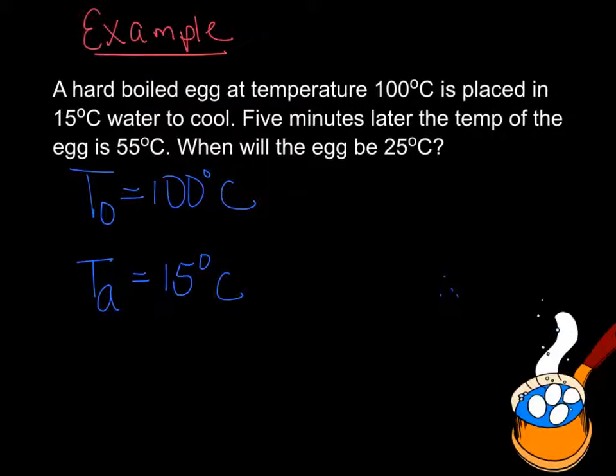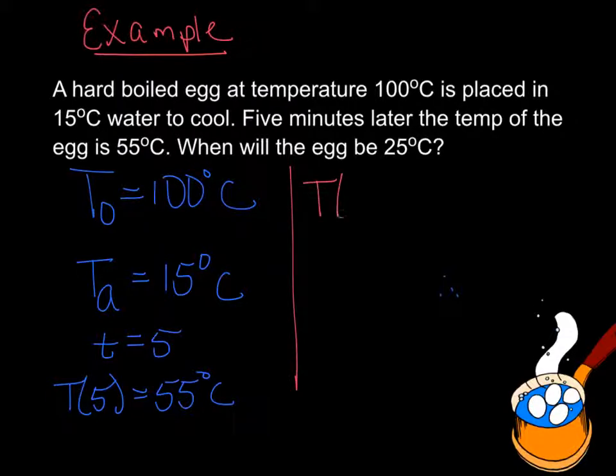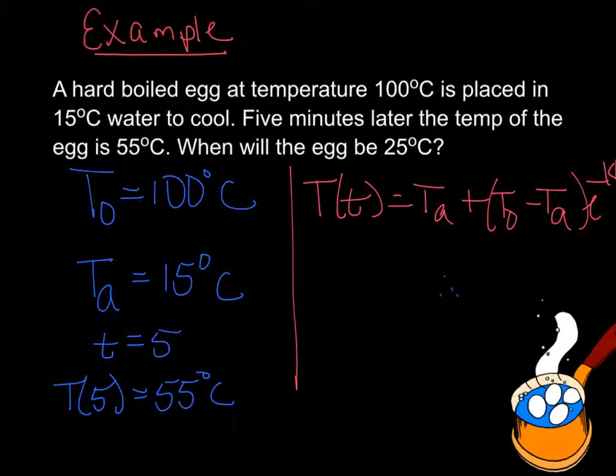They say 5 minutes has passed. That's time. And after 5 minutes has passed, so T of 5, you receive 55 degrees Celsius as your egg temperature. Now, if you realize with your formula, you have T of t equals T of a plus T naught minus T a, times e to the negative kt.